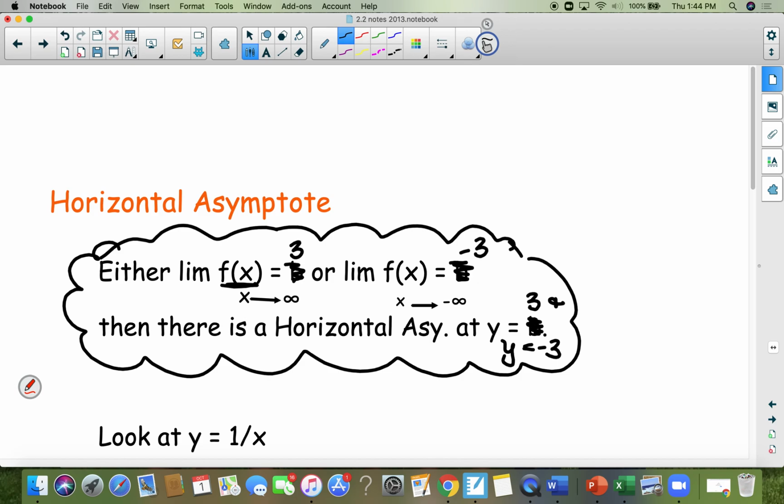You have one at 3 and you have one at what number? Negative 3. So keep in mind that you can have no horizontal asymptote, or 1 horizontal asymptote if these numbers are the same, or you could have 2 horizontal asymptotes if these numbers are different. So keep that in mind.